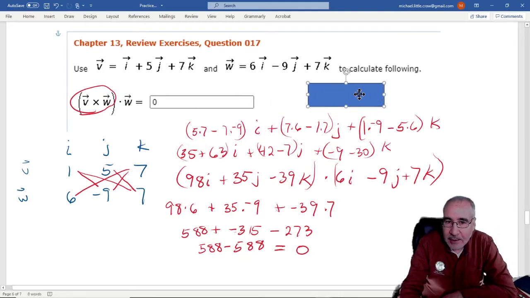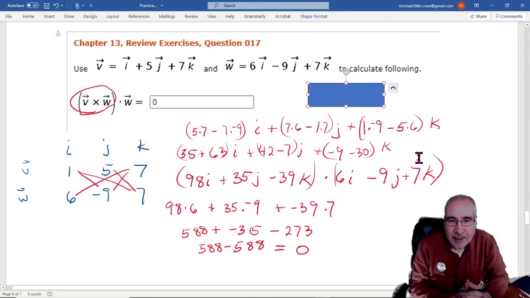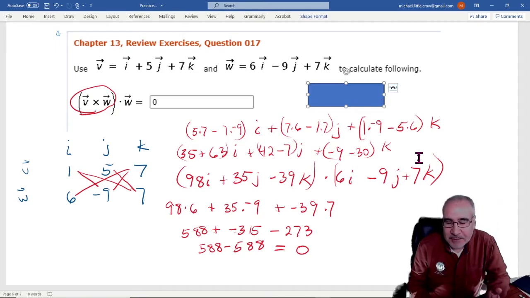And yeah, if you look up the explanation, they say that these are perpendicular to each other, and I think because of the k. So when they're perpendicular to each other, if you cross product with the dot product, you're going to get 0.